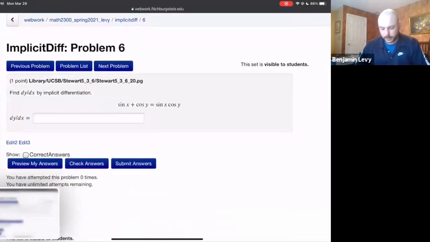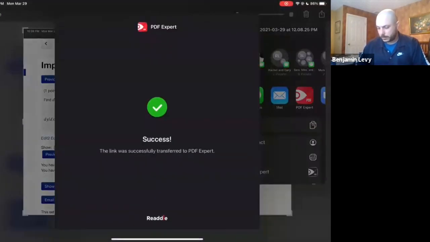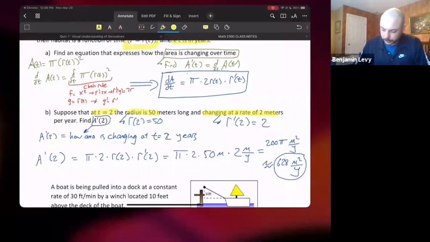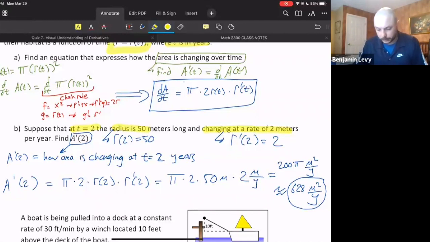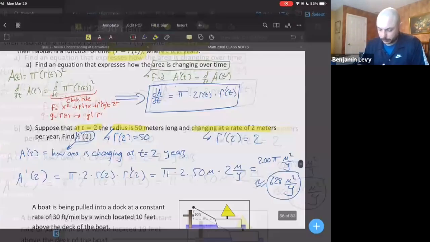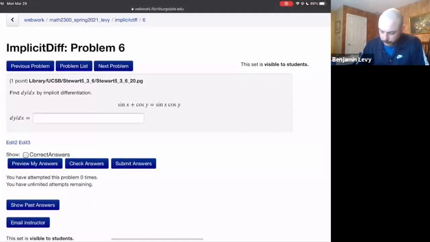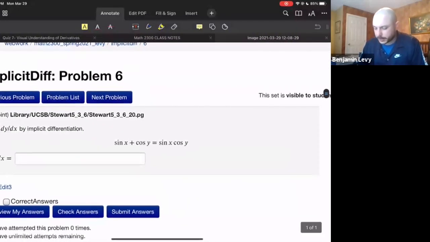And let's look at that one. So this one has y's and x's, as I mentioned before.